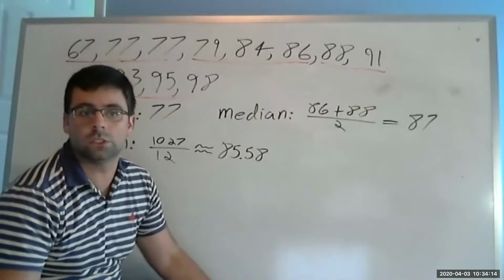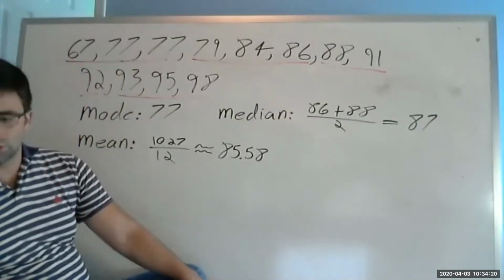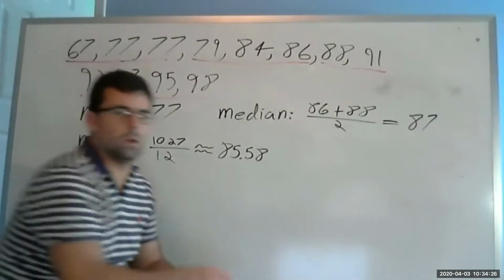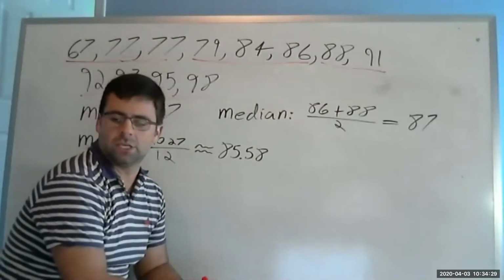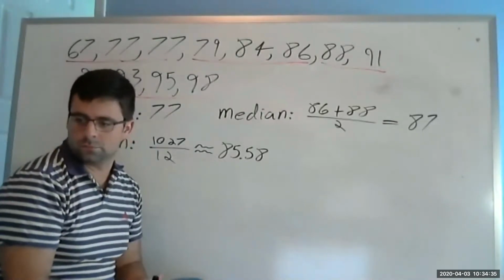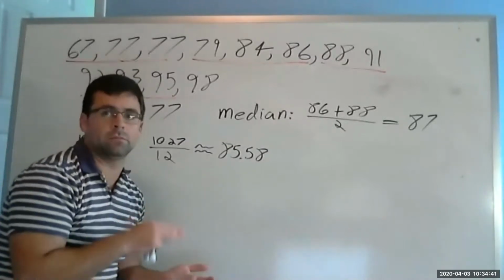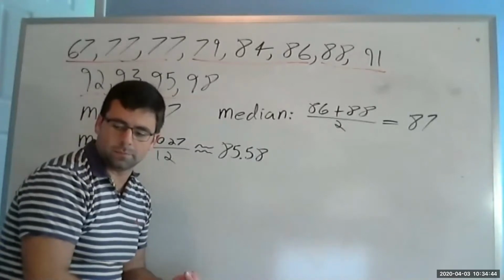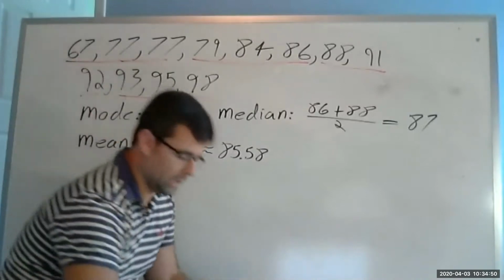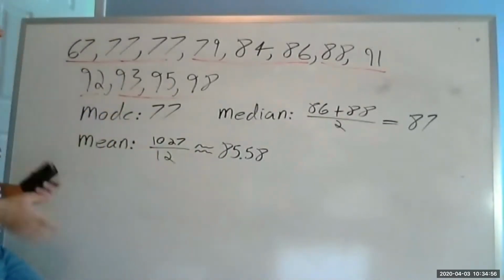Discussing these, which measure does the best job of finding the middle of the data set? Mean, median, and mode. This is what I was talking about at the beginning, where different data sets mean different things.